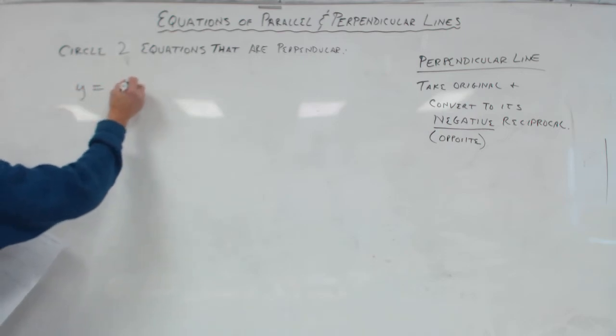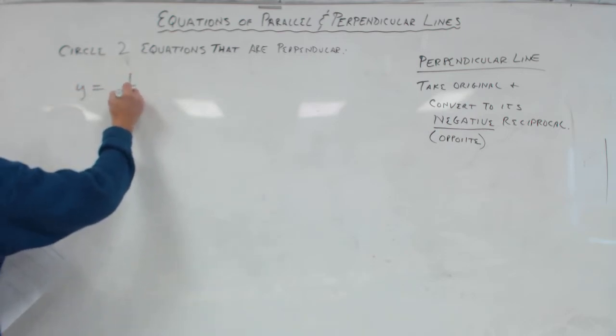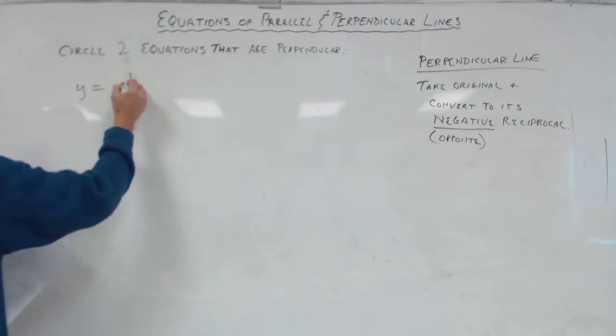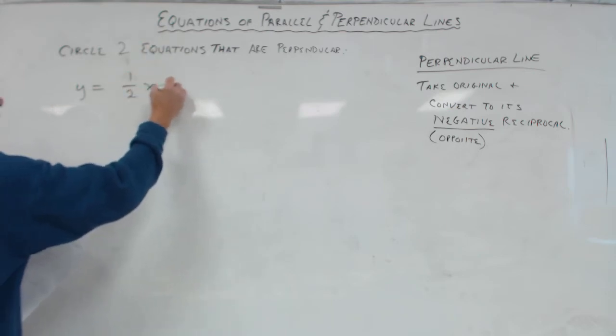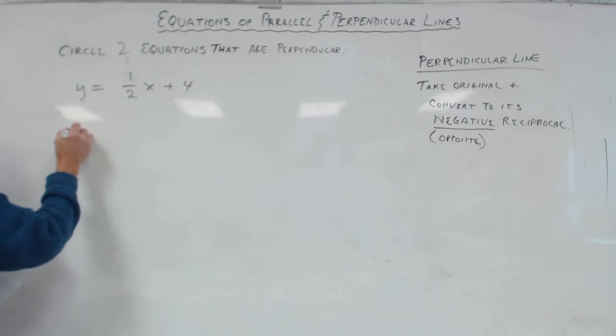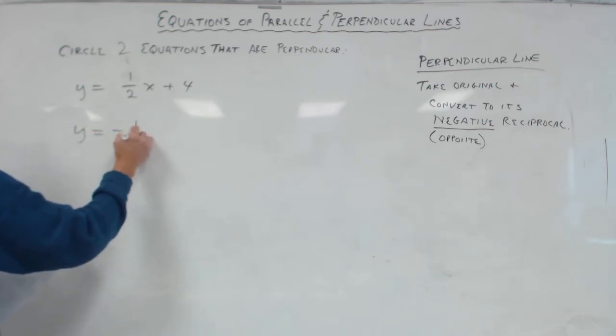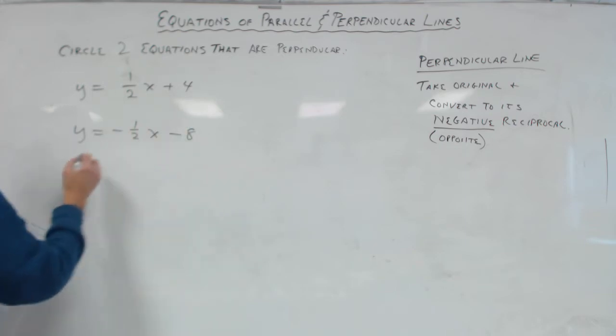Okay, so we've got y is equal to 1/2 x plus 4. Y is equal to negative 1/2 x minus 8.